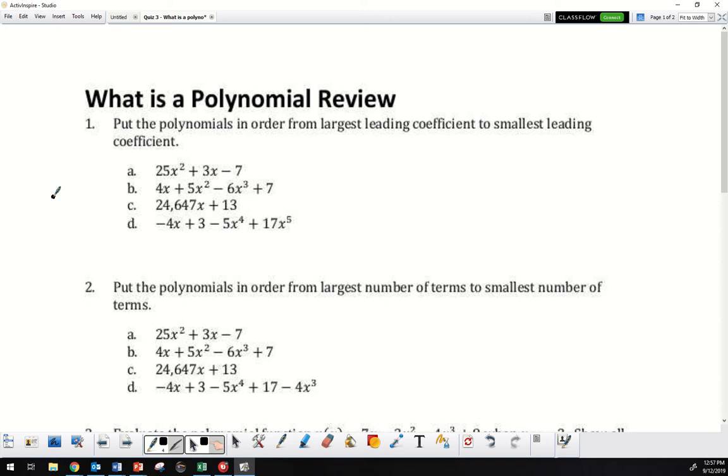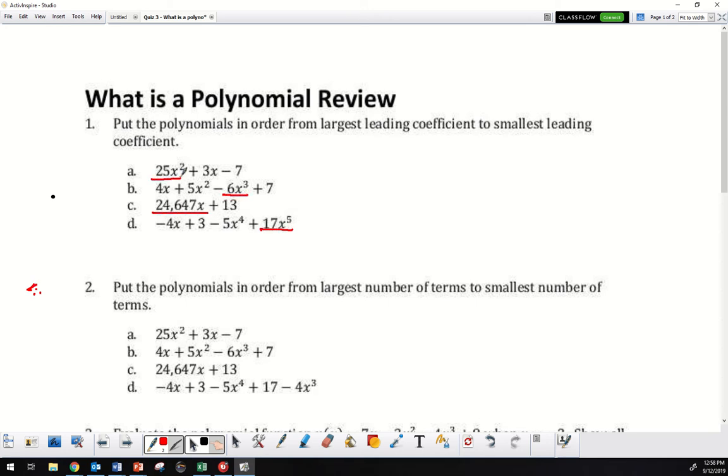Put polynomials in order from largest leading coefficient to the smallest leading coefficient. So I'm going to go through and identify each leading coefficient, x cubed right there.